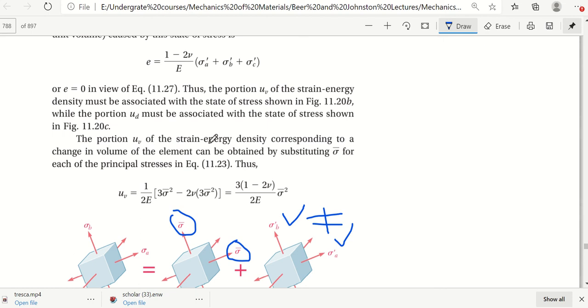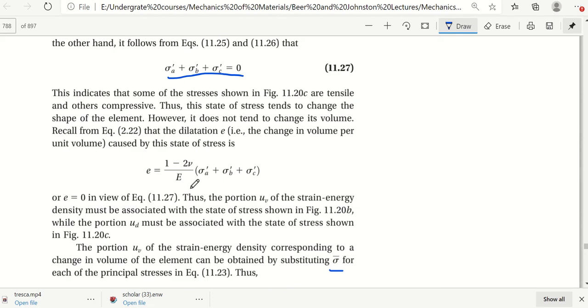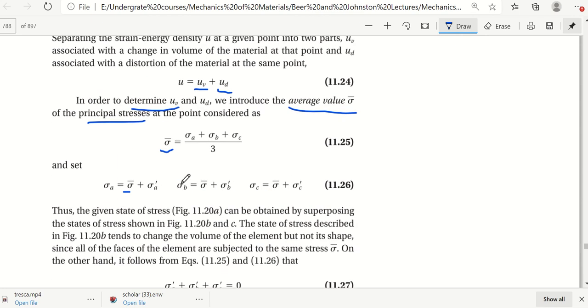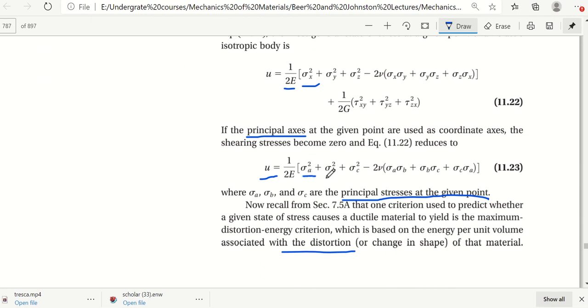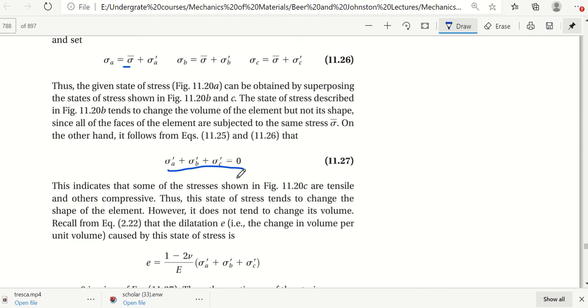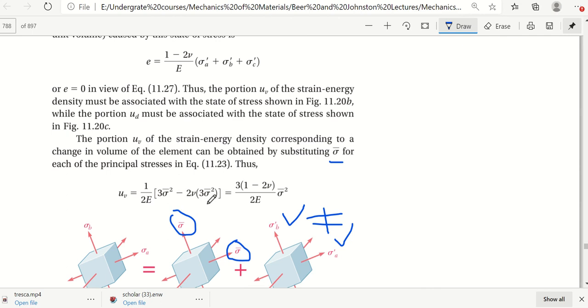So the portion UV of the strain energy density corresponding to a change in volume of element can be obtained by substituting sigma prime for each of the principal axes in equation 11.23. So replacing the sigma A, sigma B, and sigma C, we replace these by the average stress. So this will reduce to this equation.